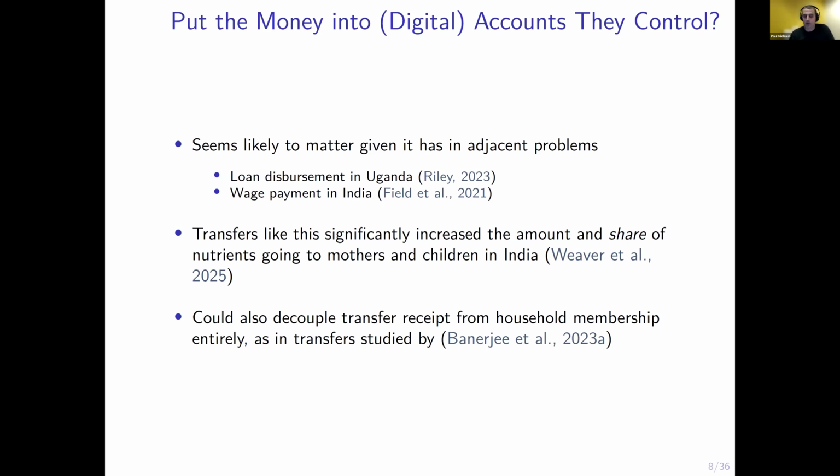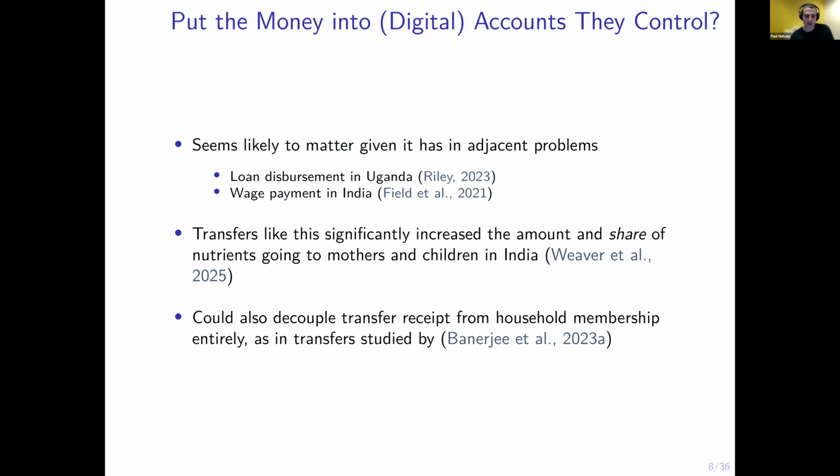We really did do the legwork, by the way, in this project to measure nutritional intake at the individual level as opposed to the household level. So we think we have unusually good measures of food consumption, and transfers into the accounts of women had a significant impact, not just on the level, but also on the share of household resources that they're consuming. So that's consistent with this, but we don't have an arm in that study in which transfers go into an account controlled by the male head of household.